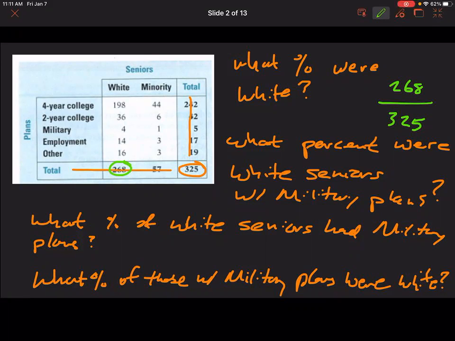It looks like we get a lot of digits, but again, we'll just stick with the first four: 8, 2, 4, 6. To turn it into a percentage, we move the decimal 2 times to the right, and we have 82.46%. So way over half of them were white students.